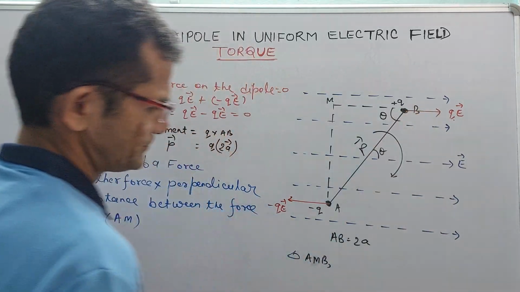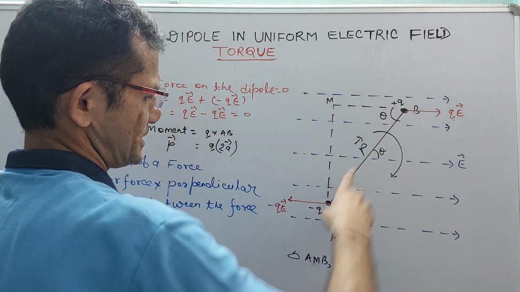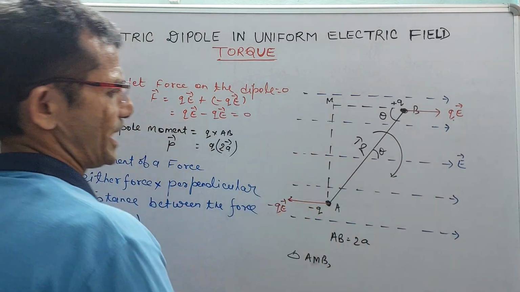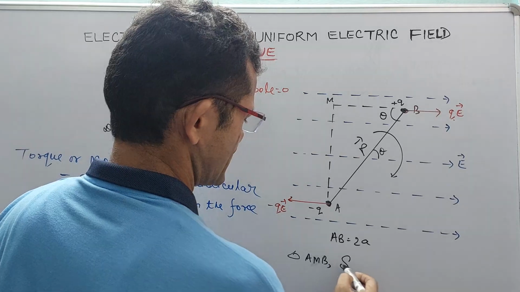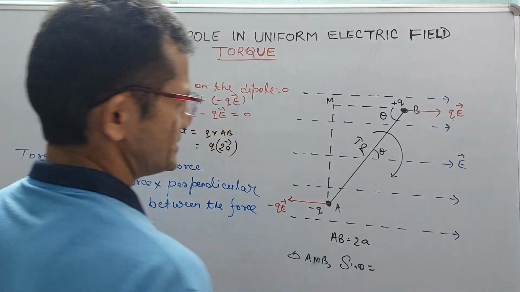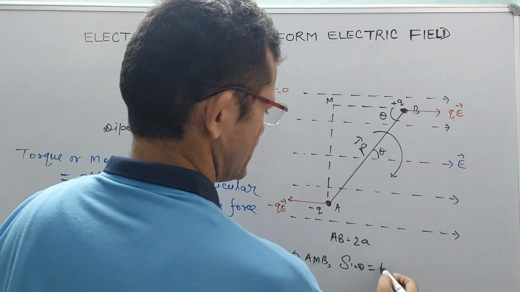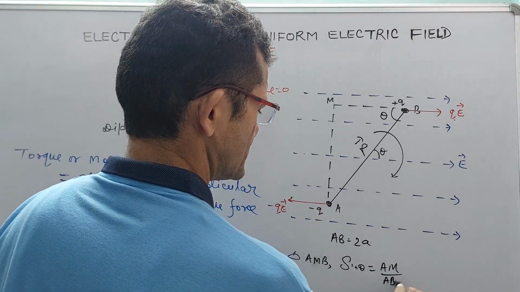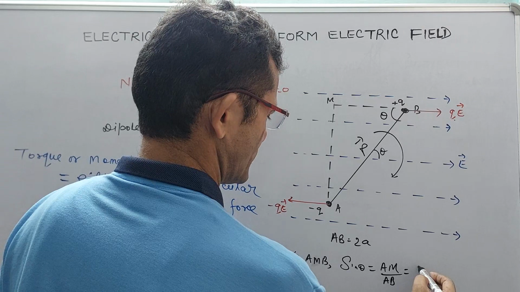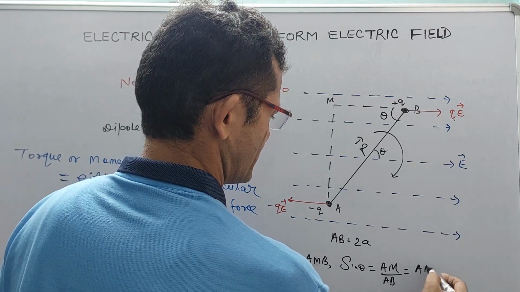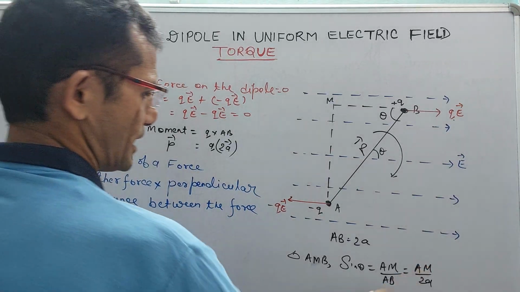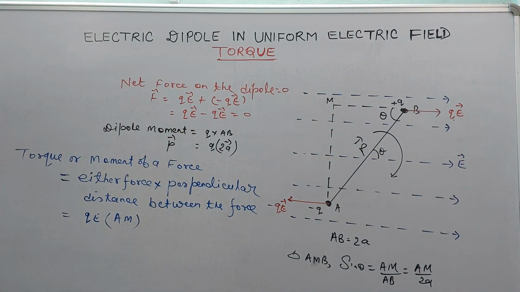From this triangle, the length of AB is 2a. If we need AM, then sin theta is equal to AM divided by AB. Since the length of this dipole is 2a, sin theta equals AM divided by 2a. From here we can calculate AM is equal to 2a sin theta.